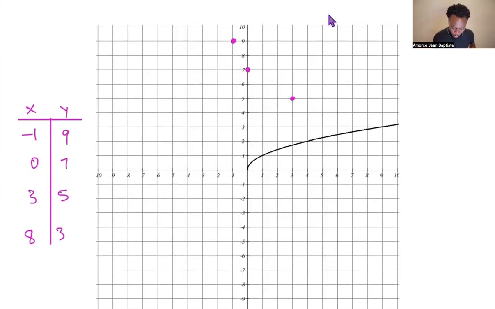And x equals 8, y equals 3. Then we can just sketch by connecting the dots.